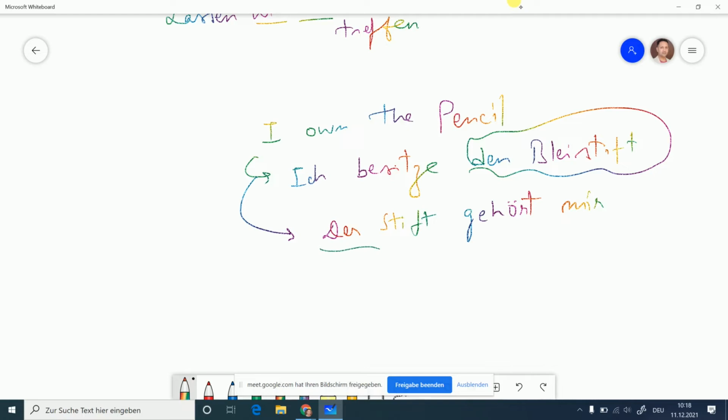Now, please don't get confused with all that stuff. I want to focus only upon this. So you see, here mir is used. It literally means the pencil is owned by me.